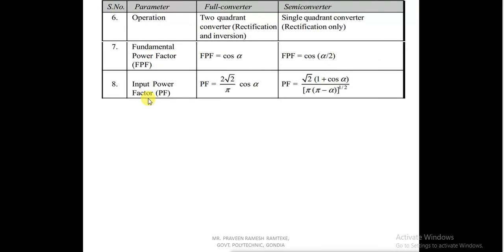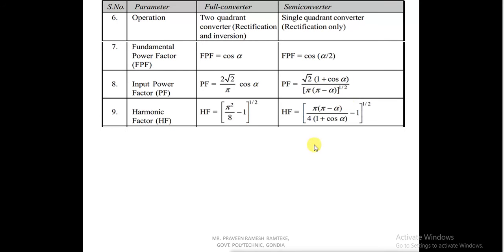Harmonic factor for full converter is the square root of pi square by 8 minus 1. But in semi converters, it is the square root of pi into (pi minus alpha) by 4 multiplied by (1 plus cos alpha) minus 1.